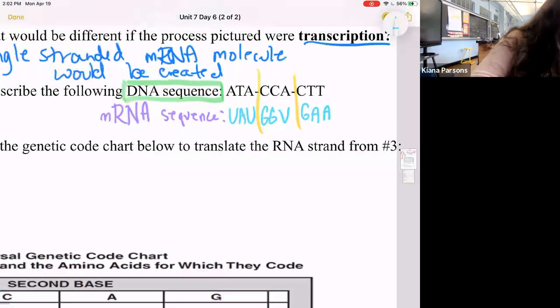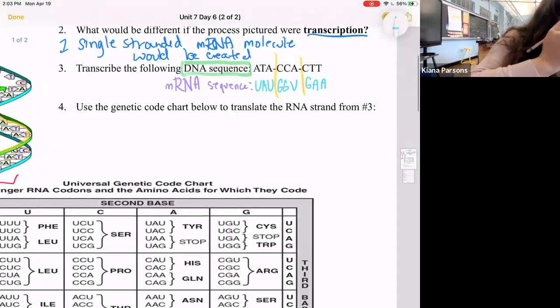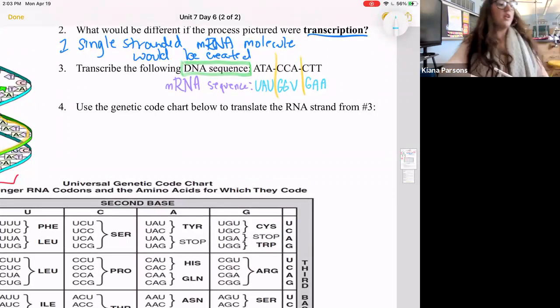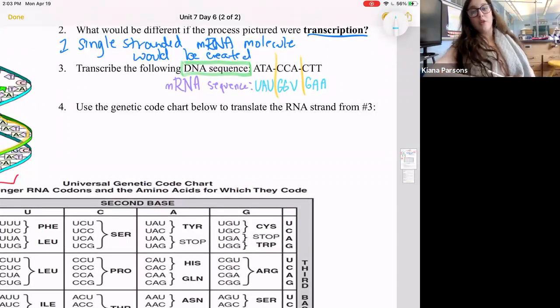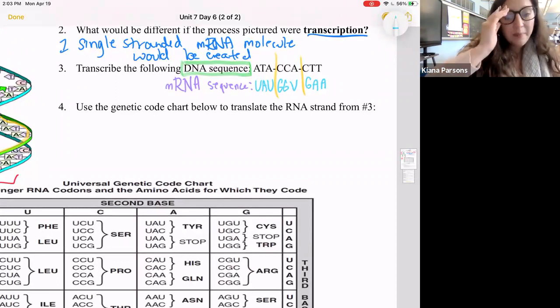All right, question number 4. Now let's use the genetic code chart below to translate. So now we went through transcription and now we're going to go all the way through to translation, the RNA strand from number 3.